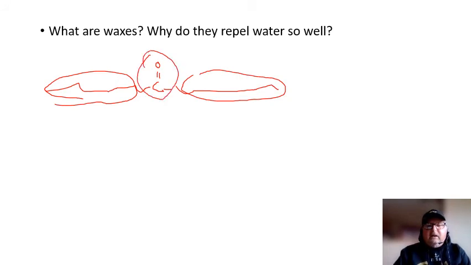That means it's very, very nonpolar. If it's nonpolar, water's not going to interact with it very well, because the water is trying to interact with itself, so this is very hydrophobic because it has a lot of carbons. So that's all you really have to know about the waxes.